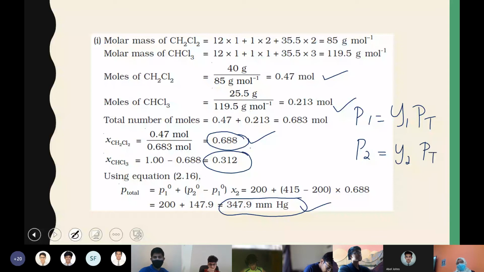So here basically Y1 is equal to P1 by Pt, that is P total. So you need to know the value of P1 and P2, then only you can calculate Y1 and Y2, right?